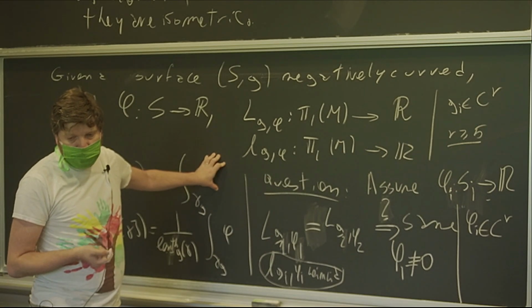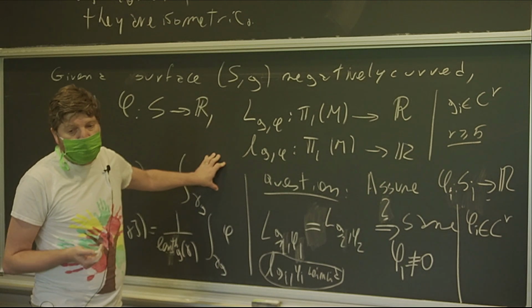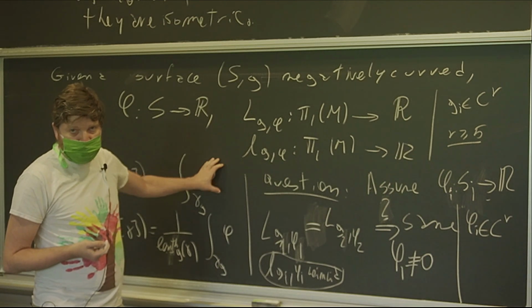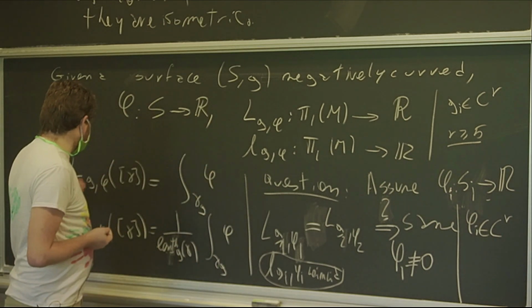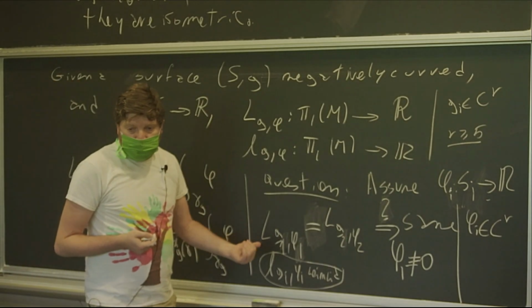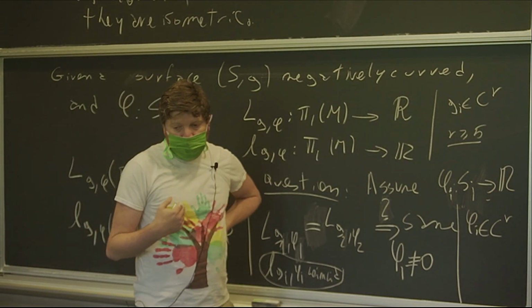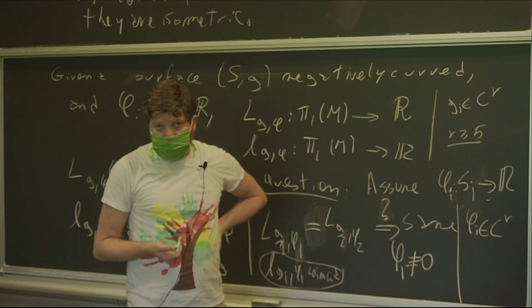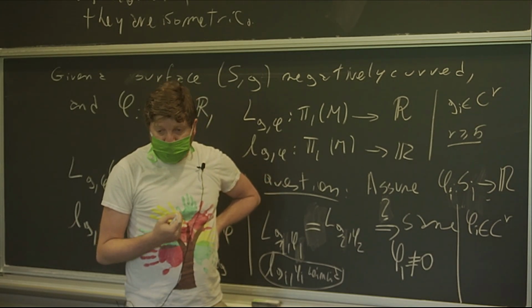And what you know from the function phi 2 is that the integral is 0 along all geodesics, whichever operator you use, capital L or little l. Okay? Now, Guillemin and Kazhdan already in the 70s showed that this implies that the function phi has to be fully 0.